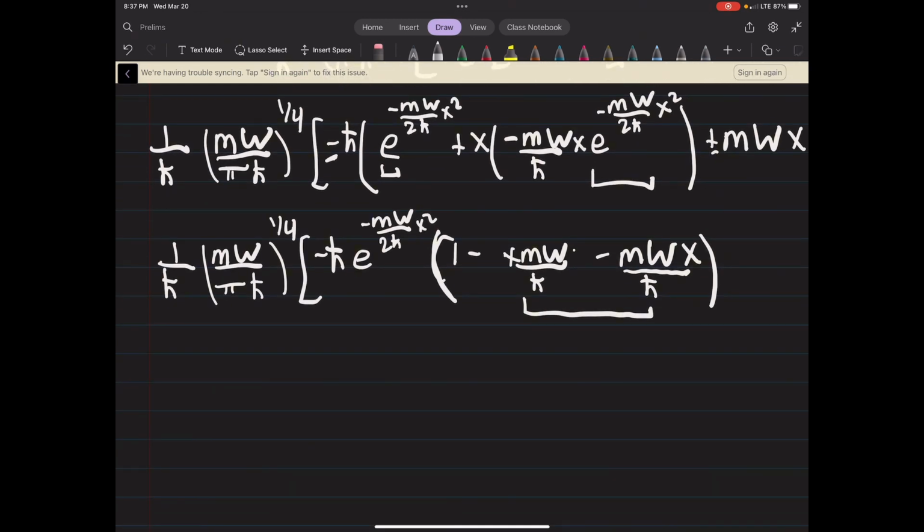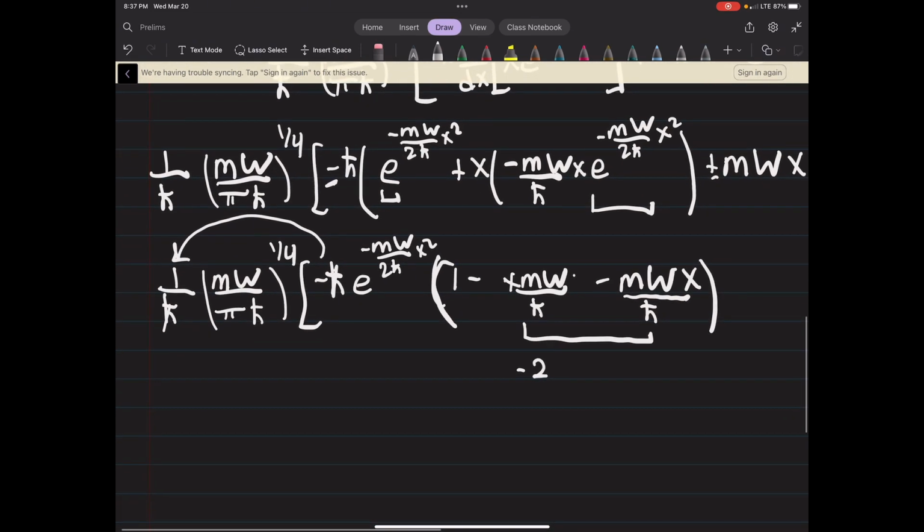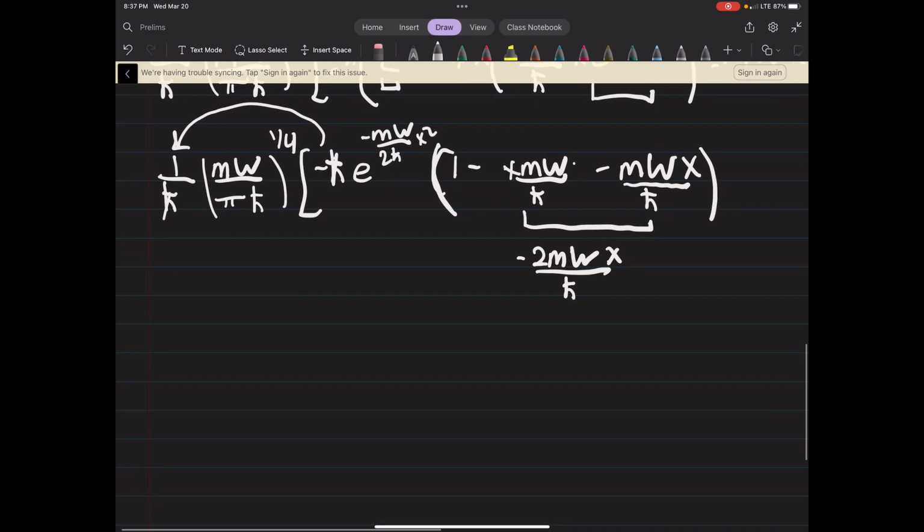So let's see, we can pull this out so the h bars cancel, and the negative 1 we can distribute. This is now minus 2 m omega x over h bar, which of course will turn positive when we distribute that negative.